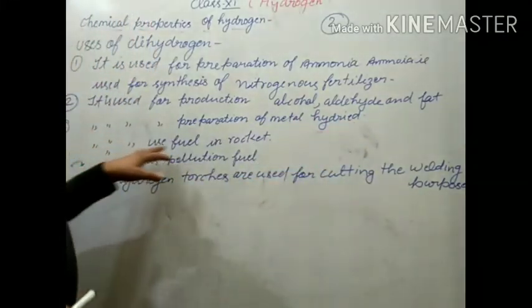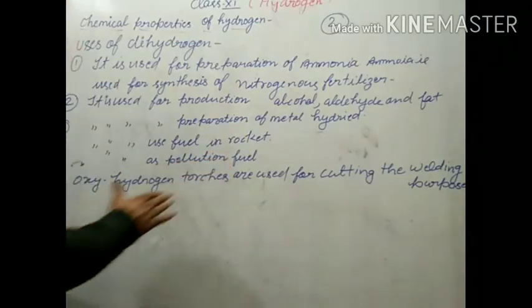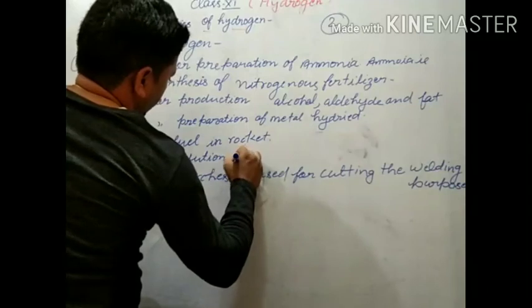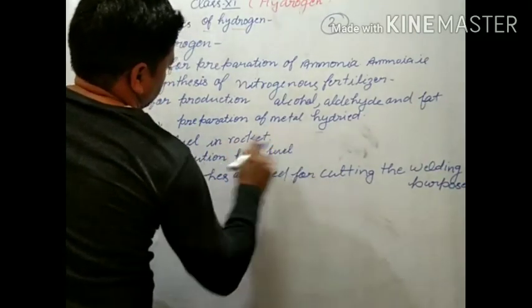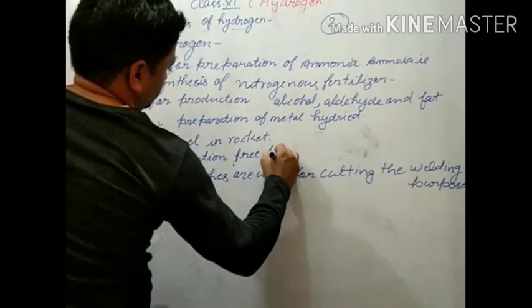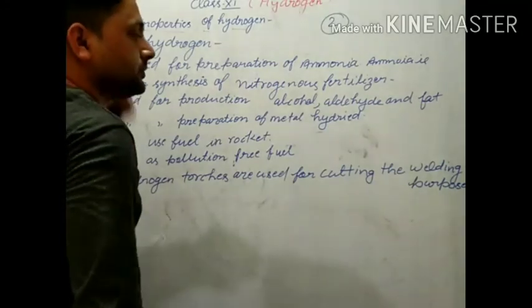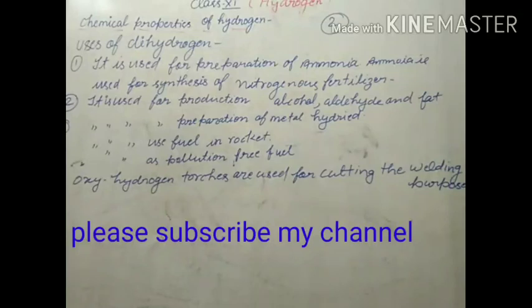It is used as a rocket fuel, and as a pollution free fuel. And oxyhydrogen torches are used for cutting and welding purposes. So this is the chemical properties of hydrogen.